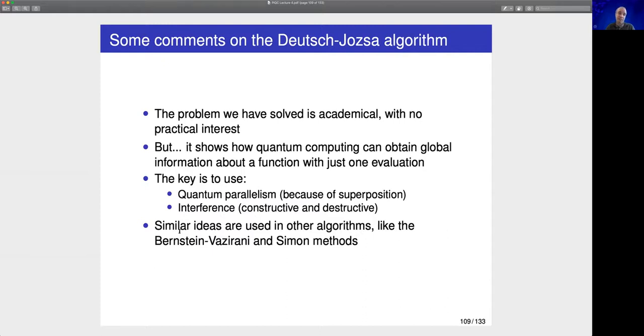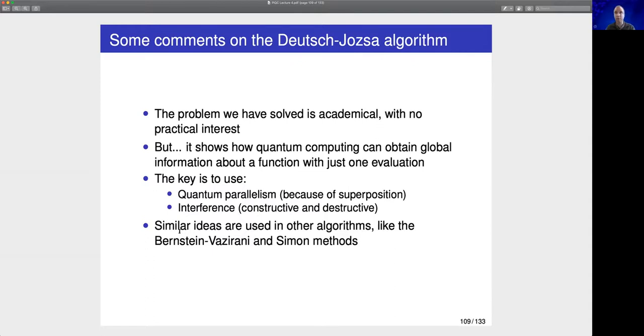This problem is also interesting because similar ideas were used subsequently to define other problems and other quantum algorithms to solve them. For instance, the Bernstein-Vazirani algorithm, which you can find in the books in the recommended resources, and the Simon algorithm.